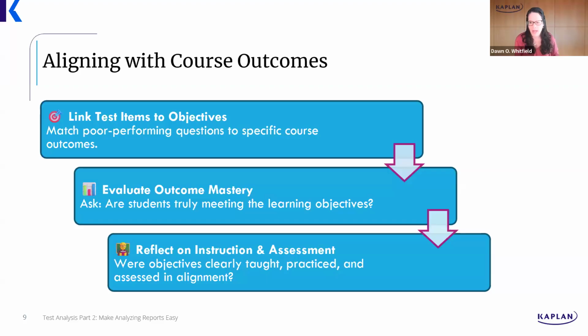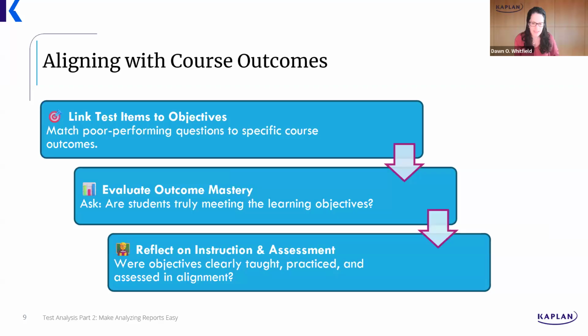One of the most powerful uses of test analysis is connecting assessment results directly back to your course objectives. This helps to ensure we're not just teaching content, but teaching what matters most. Link test items to objectives. Start by identifying which learning objectives align with missed questions.